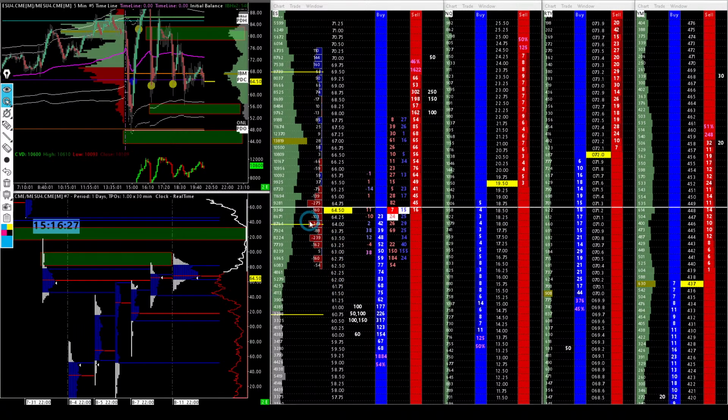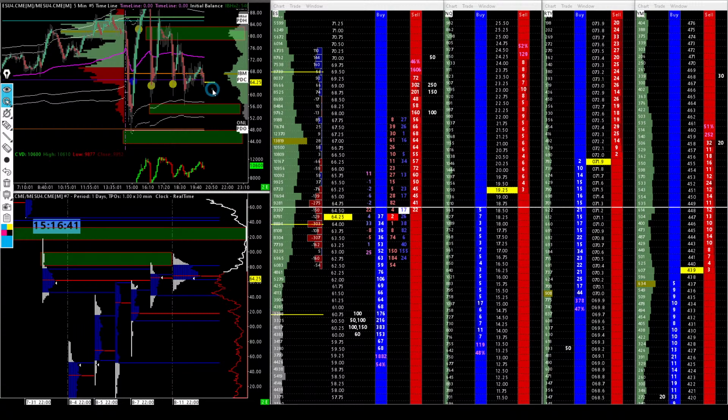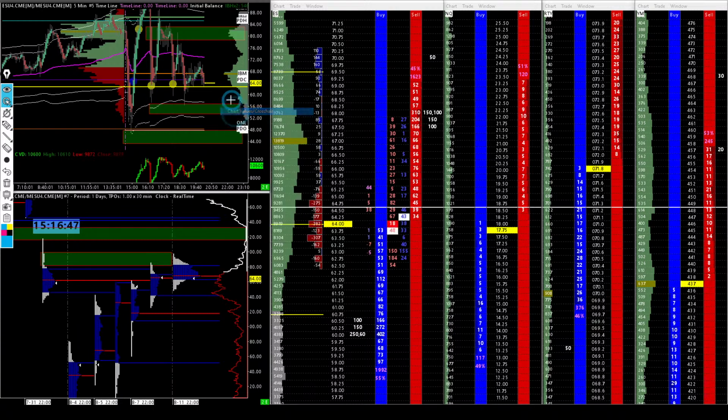No problem. So pretty much right now we've seen over 1,000 contracts absorbed here on the bid. If sellers do continually bang this, then we should see a little mini stop run below this. When the ranges are this tight, what price is that here?